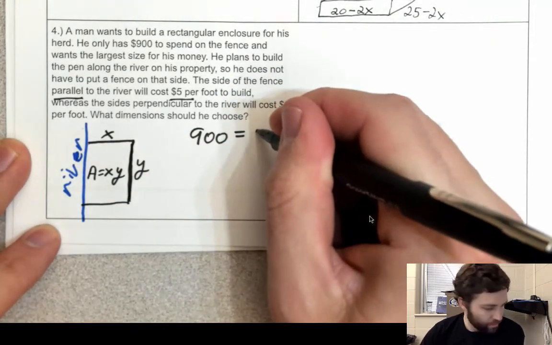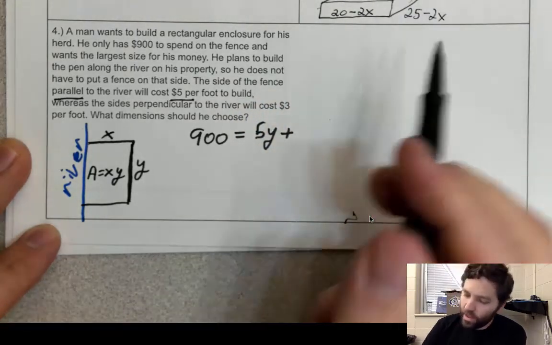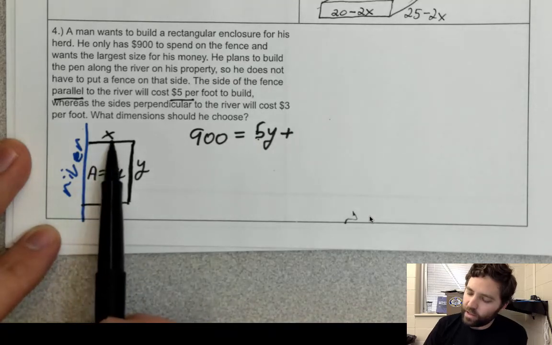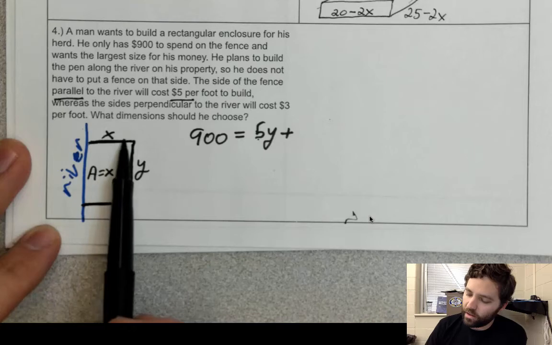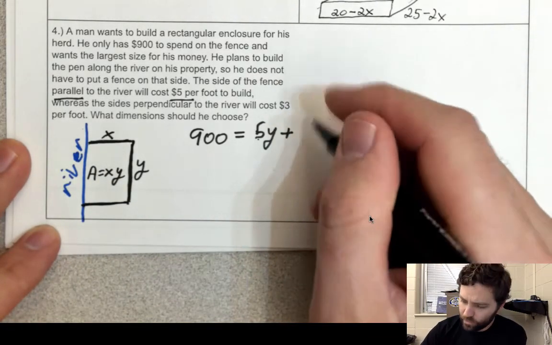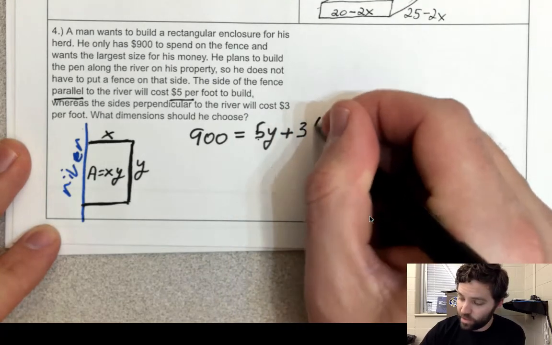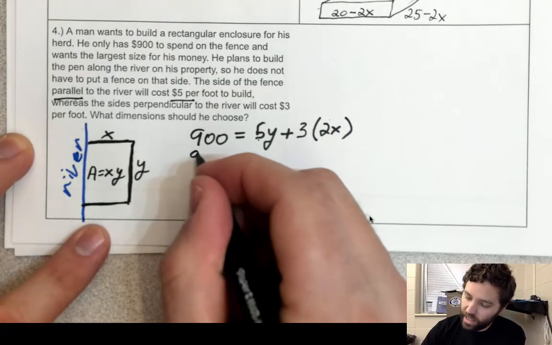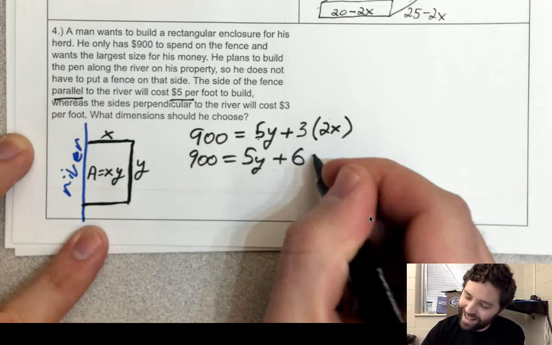So it's going to be 5y, because it's $5 per foot, plus, here it's going to be x and x. So we have two pieces of fence with length x, and that section of the fence costs $3. So we'll have $3 times however much fence there is, which would be 2x. So I've got 900 equals 5y plus 6x.